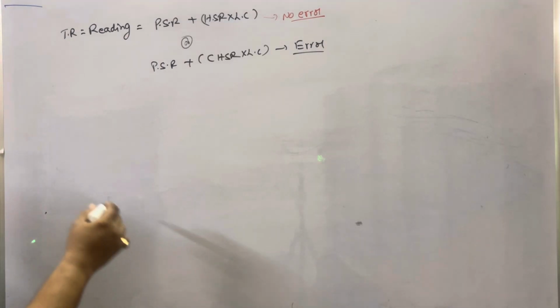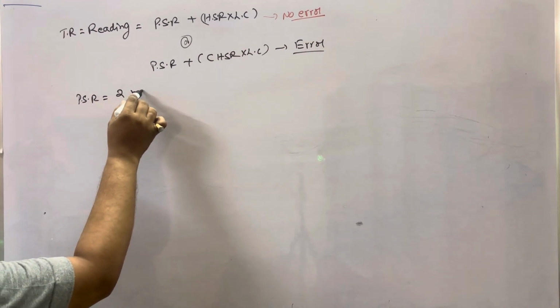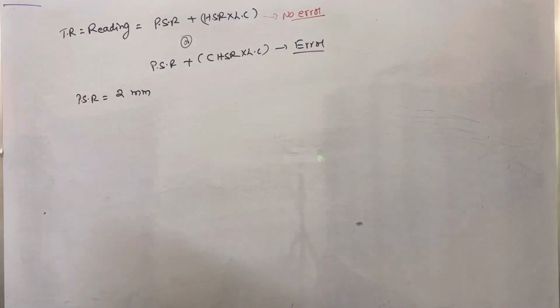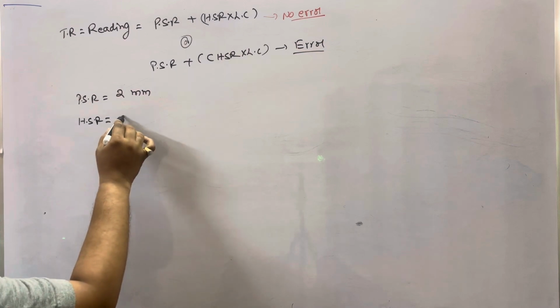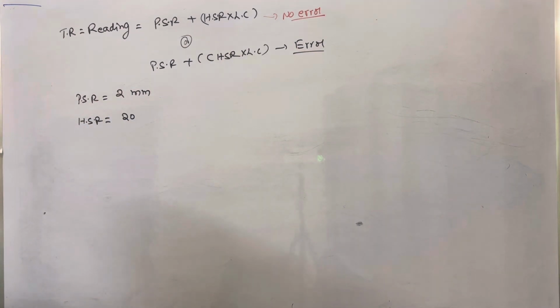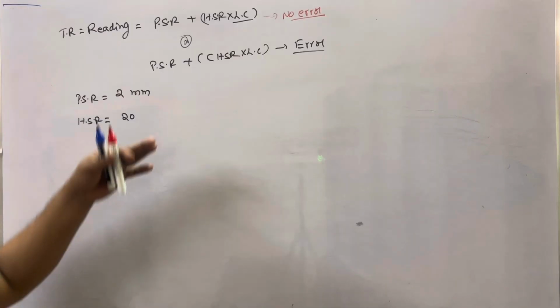Now I am directly giving one question. The pitch scale reading is 2 mm. The head scale reading is 20, the 20th division is coinciding. Least count we discussed in the previous class.